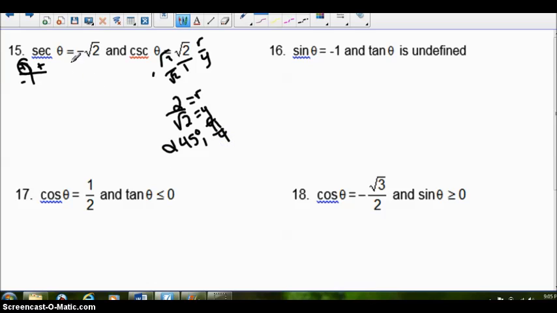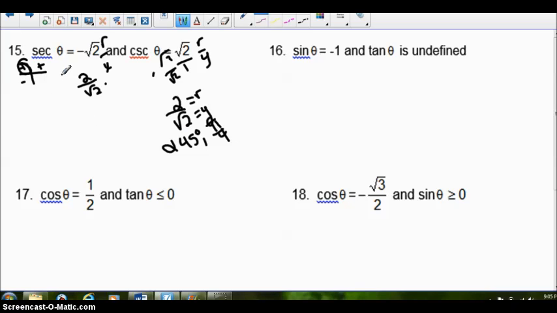Okay, so secant, negative square root of 2, that is our r over x. So if we treat it similarly, we get that that's going to be 2 over the square root of 2. So where is x square root of 2? Also at 45 and pi over 4.